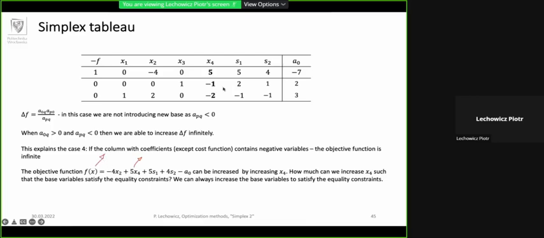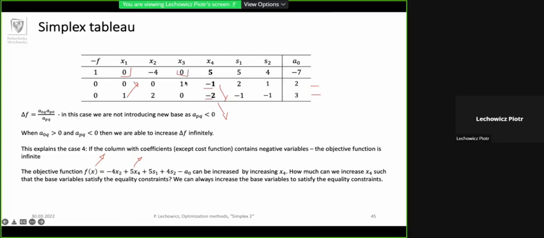And we can do this because we are always satisfying the equality constraints, because if we increase these variables, these coefficients are negative, so we are decreasing these values, and we can always increase some other base variables, because base variables are equal to 0 in the objective function.